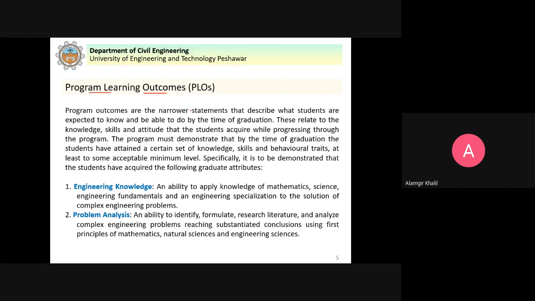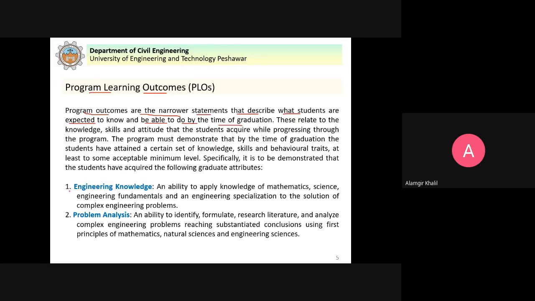Now, briefly, these program learning outcomes are the narrower statements that describe what students are expected to know and be able to do by the time of graduation. So actually we have many PLOs, total 12.